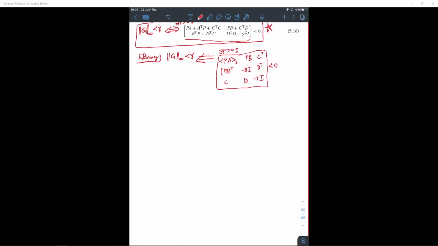So suppose that there exists a P positive satisfying this inequality, a 3 by 3 matrix inequality.